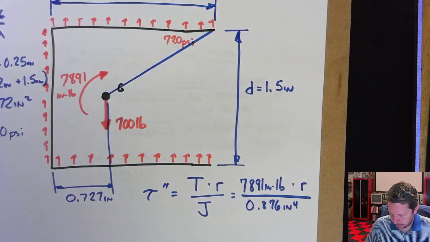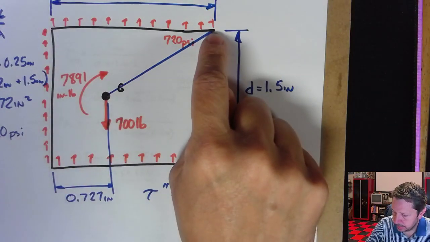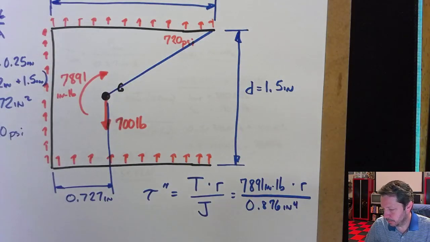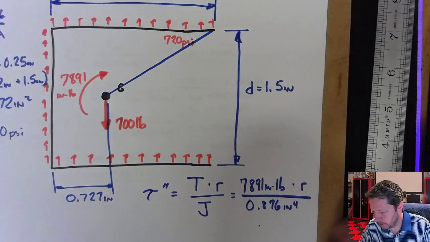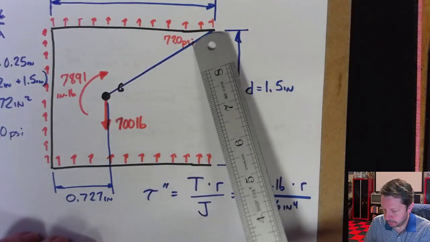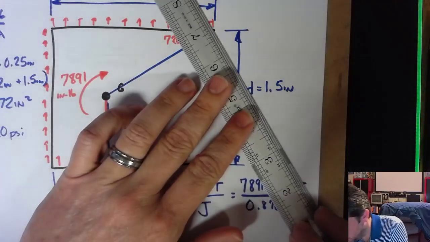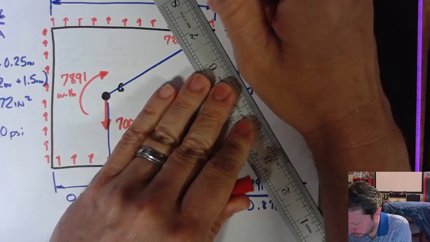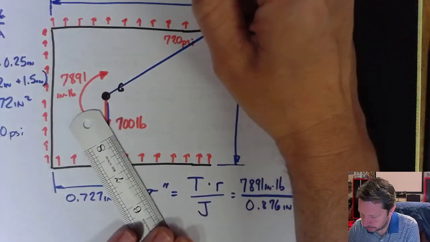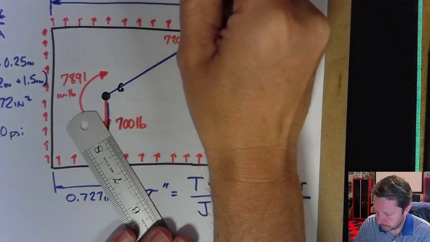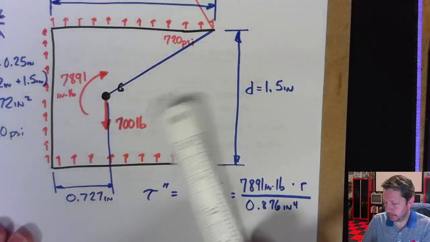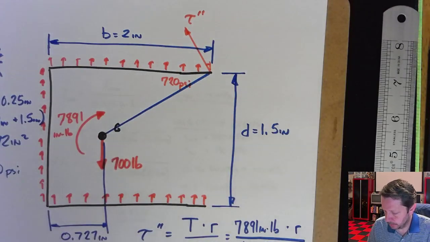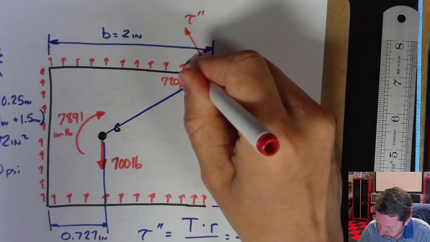So if I think about this point, then this shear stress is going to be at a right angle to this moment arm. So it's going to come out something like this. Something like that. And where this is a right angle.